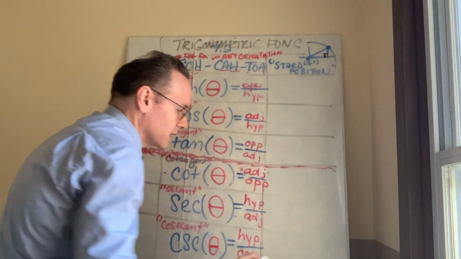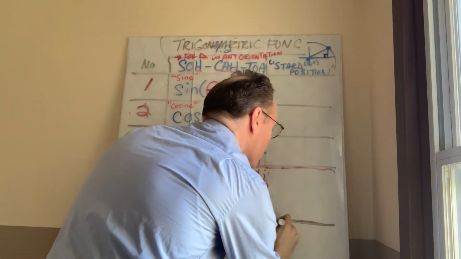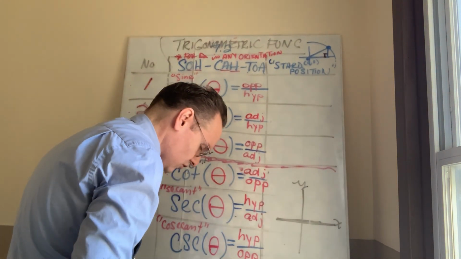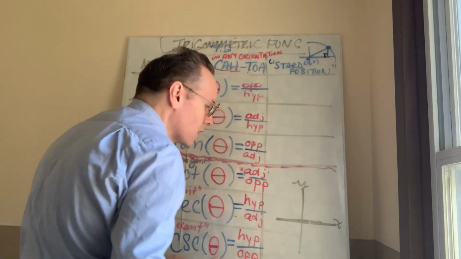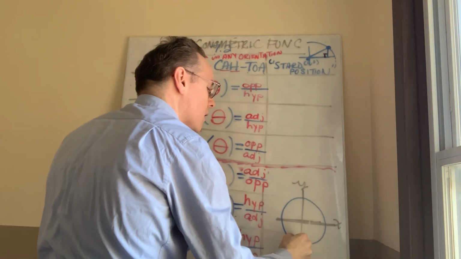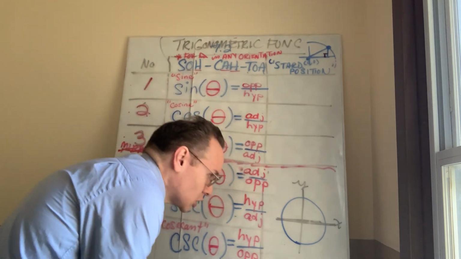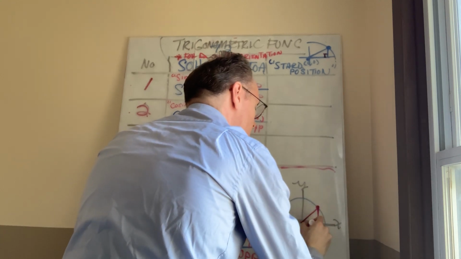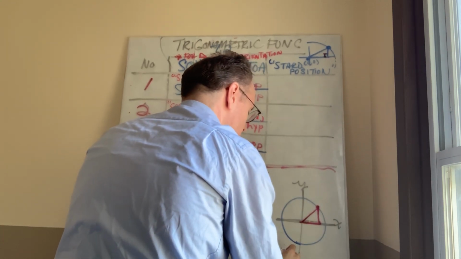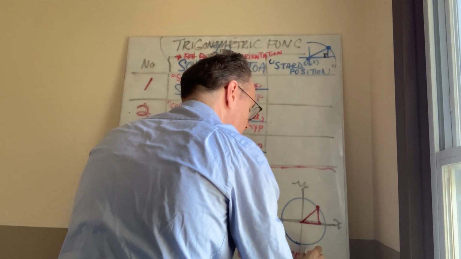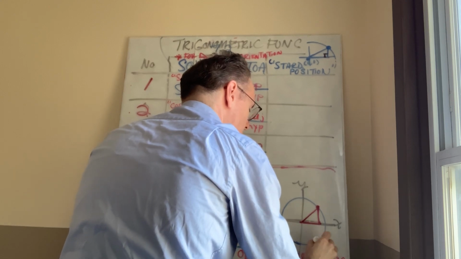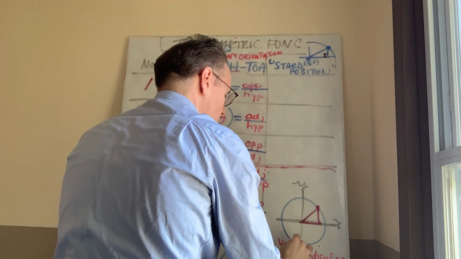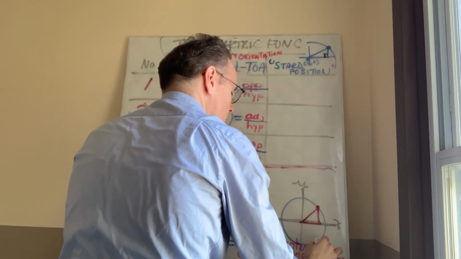If you have a coordinate plane, x, y, and you have a circle superimposed upon it, and a triangle drawn into it, like this, and it would always be perpendicular to the x-axis and the vertex at the origin, 0, 0.